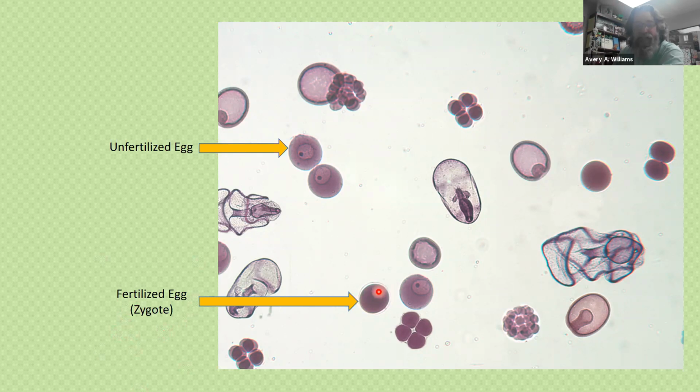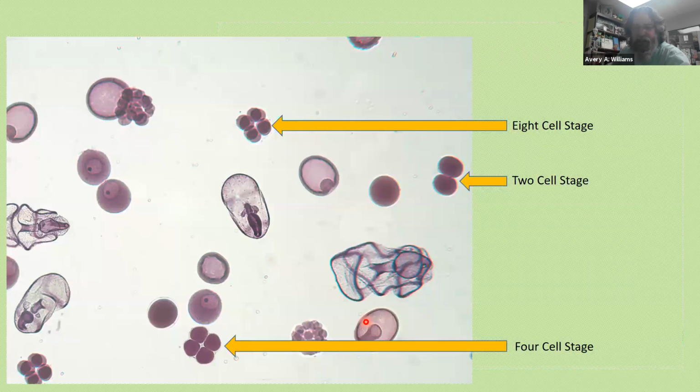So this is a one-cell zygote. And of course, this is going to go from the zygote all the way up to 100 trillion cells. And it all starts in that first cleavage stage, which I think is what I show you next. Yeah, right here. Here again is a zygote, and it cleaves and forms the two-cell stage. So this is your first developmental stage.